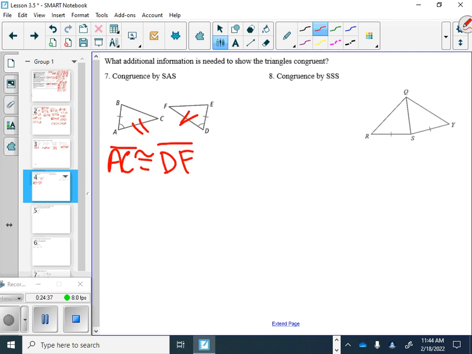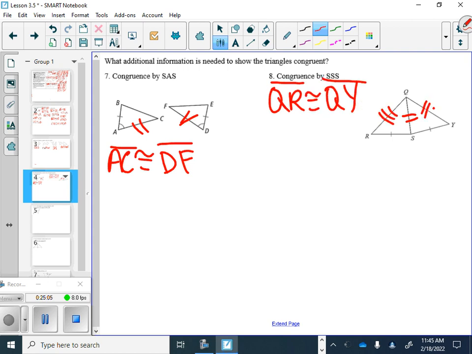Why not QS? Because it's the same line for both triangles. So kind of like number 2, where we had BD and DB. That's congruent to itself. So that's your quote-unquote obvious. So your answer would be QR and QY. That's your not so obvious, and the not so obvious one is always your answer.